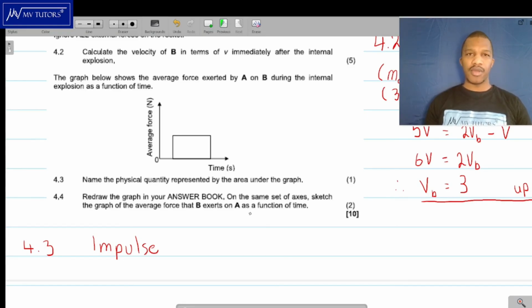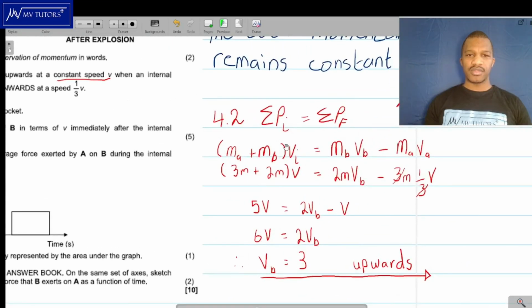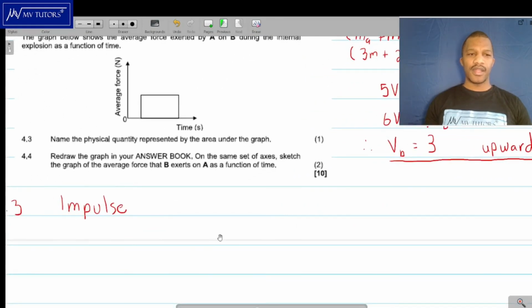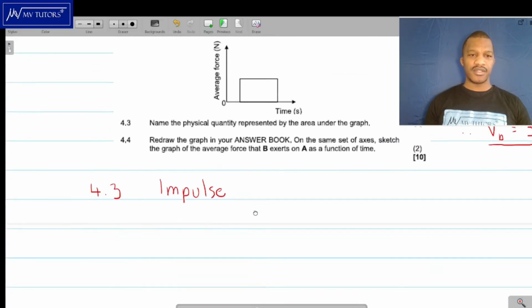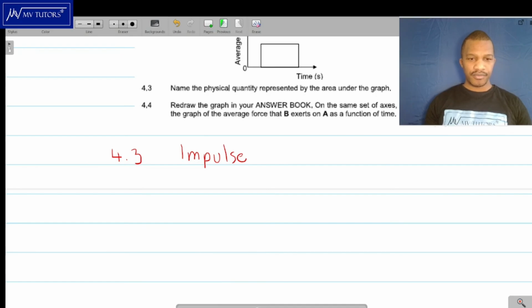We're still talking about momentum. So remember what impulse is? Here we go. That's impulse, m times v, which is the combination of this is what we call momentum. But impulse, that's it. The area under this is what we call impulse.